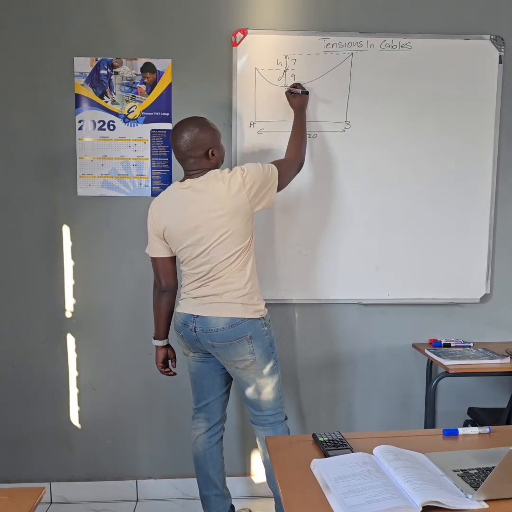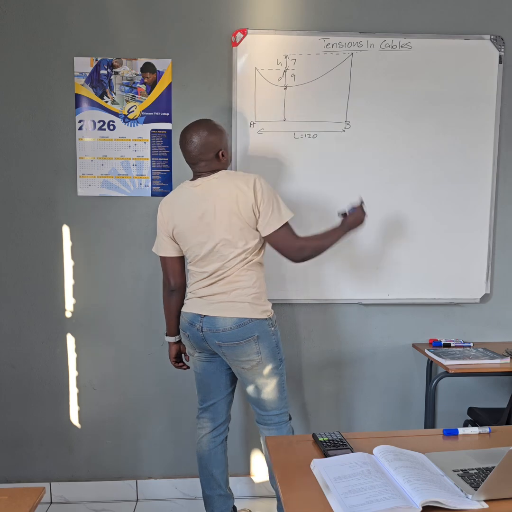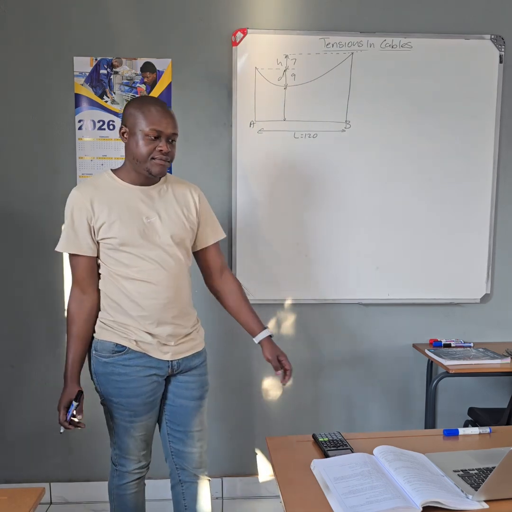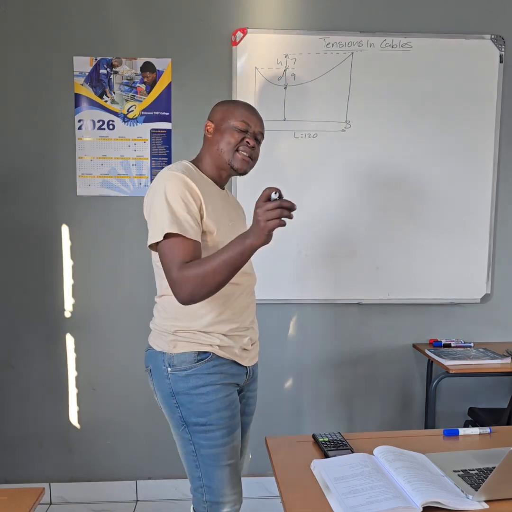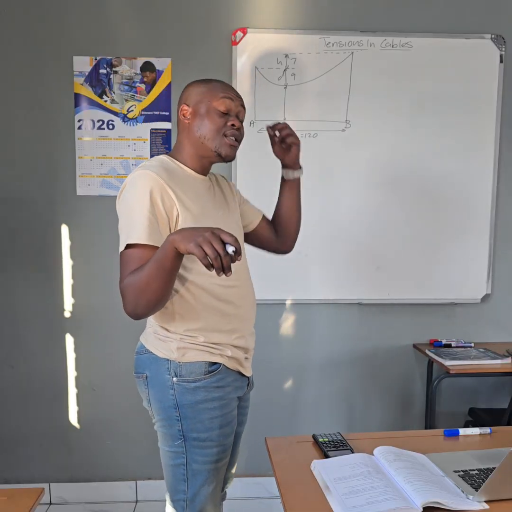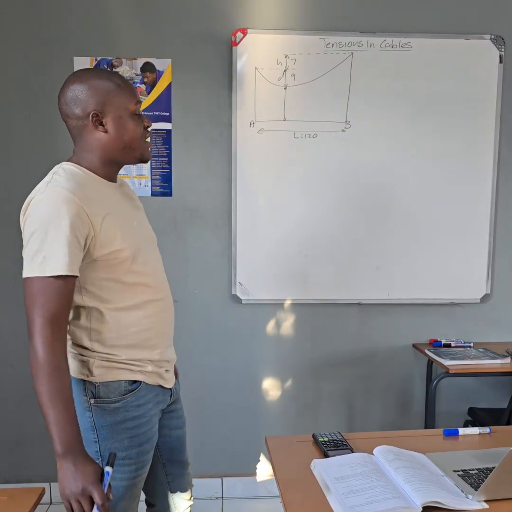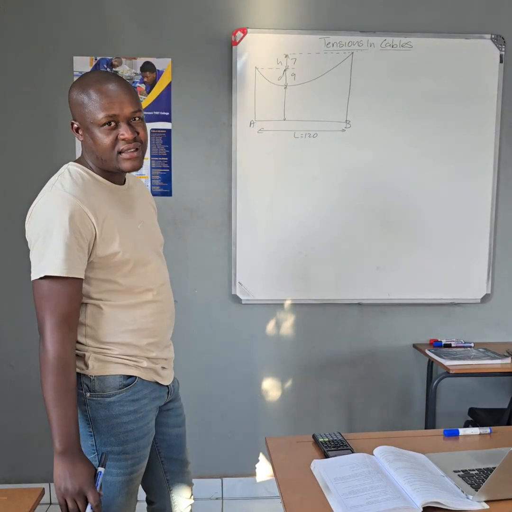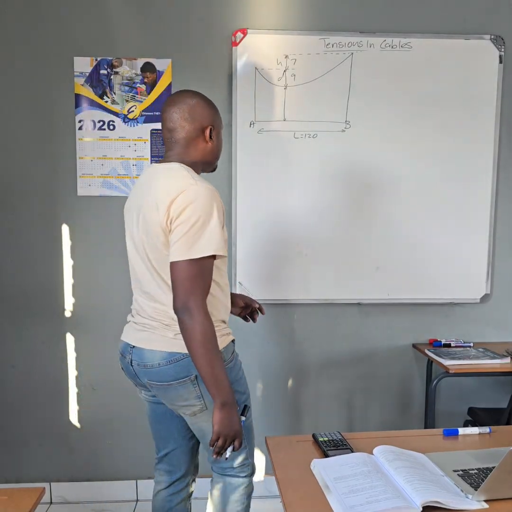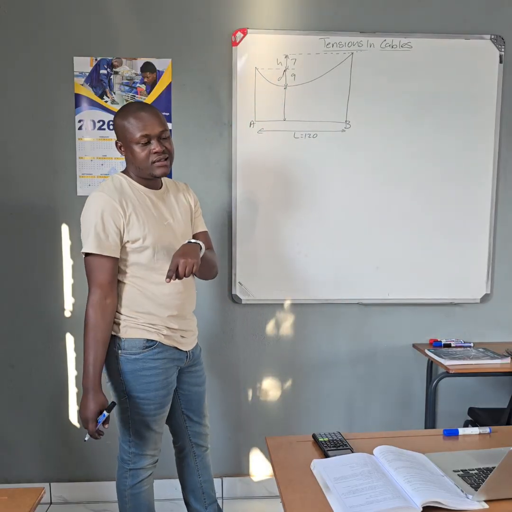You will see that all the formulas that are there, they have x. So for you to be able to find FT, you need to find FH. And all the formulas of FH have x1. So the first thing that we are going to do here, we are going to find x1.